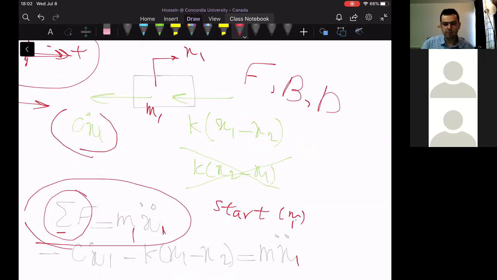You have to always follow this rule, and you will never make a mistake. Because we are deriving the equation of motion for m1, and we displace m1, we always write x1 minus x2. Okay, thank you. You're welcome.